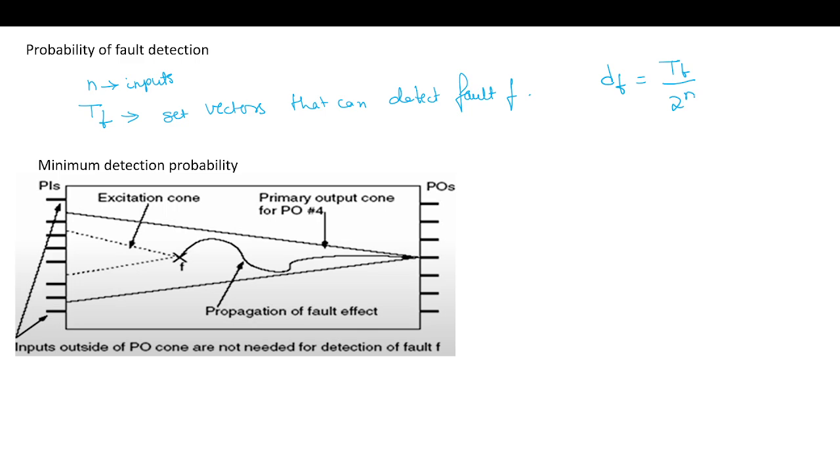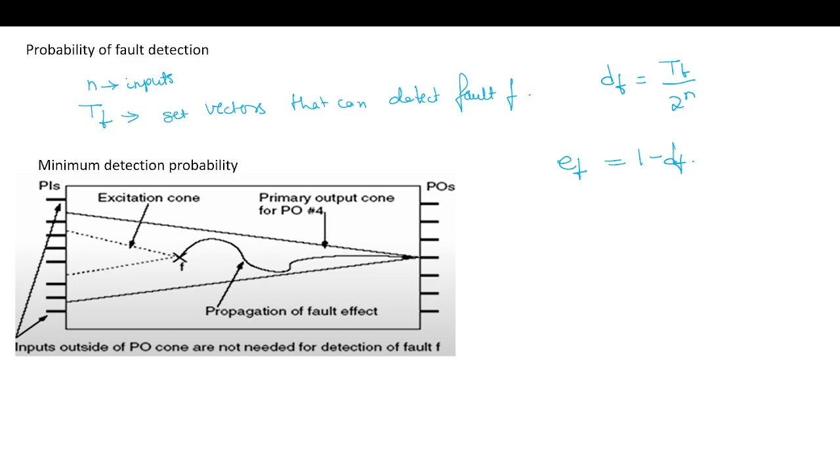This is the probability that a fault F can be detected by a random vector. Now the probability that the random vector cannot detect F is 1 minus df.